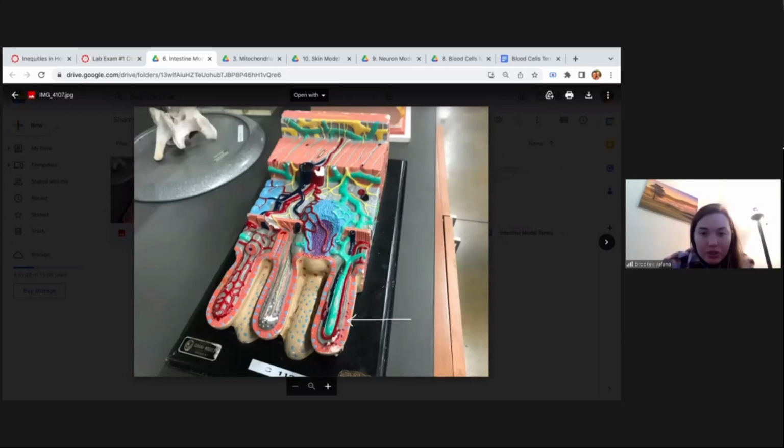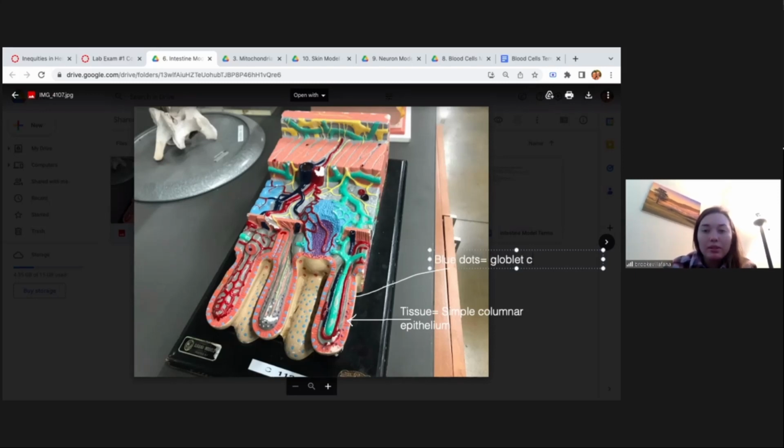So the tissue is simple columnar epithelium. The blue dots are goblet cells. They secrete mucin, keep the intestine moist.